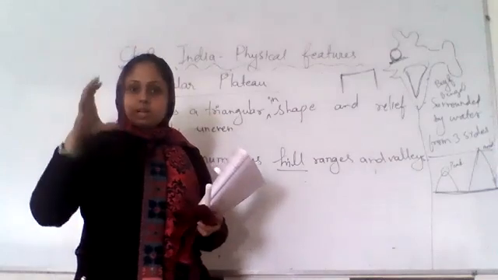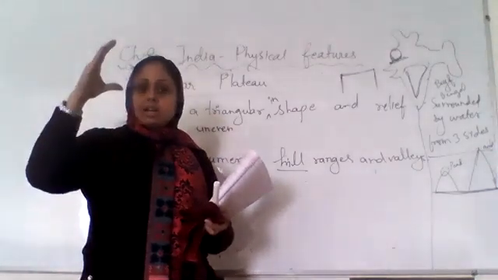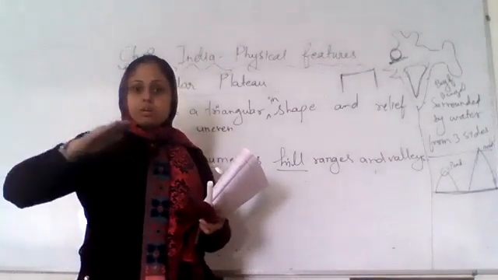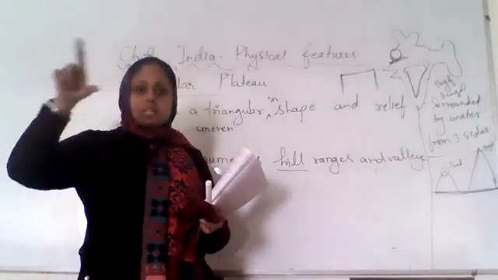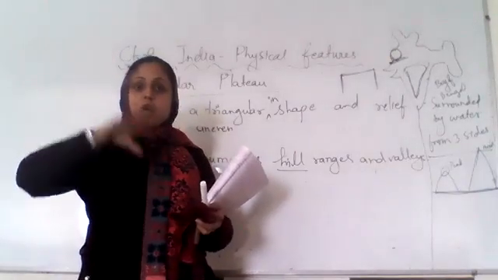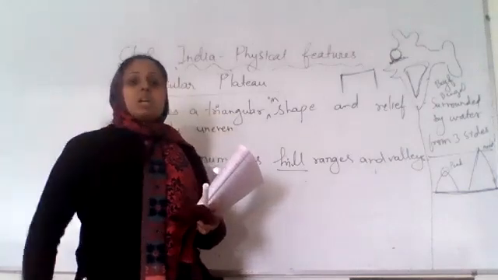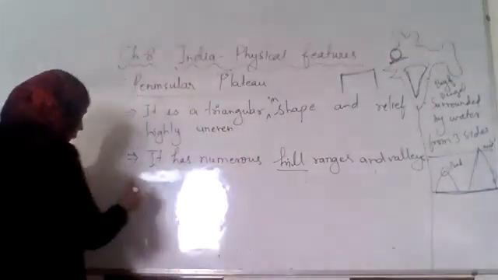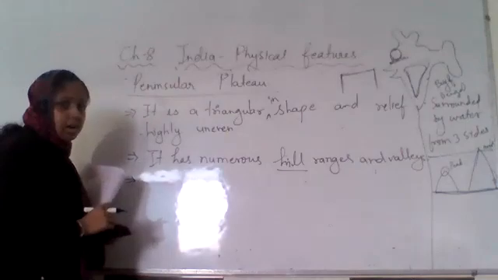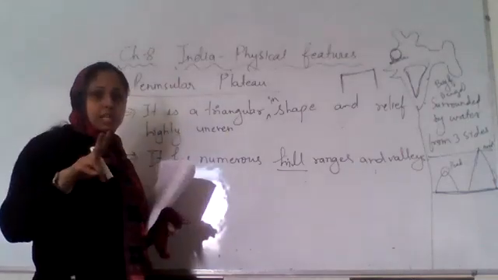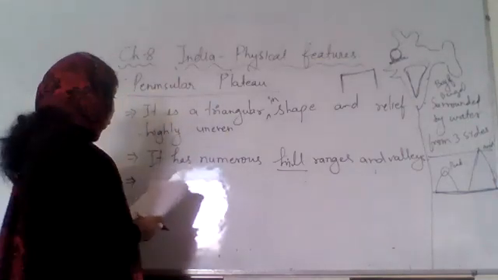So raised elevations on the earth with less height, that is hill. Mountains have much more height. Understood? So that is the difference between hill and mountain.